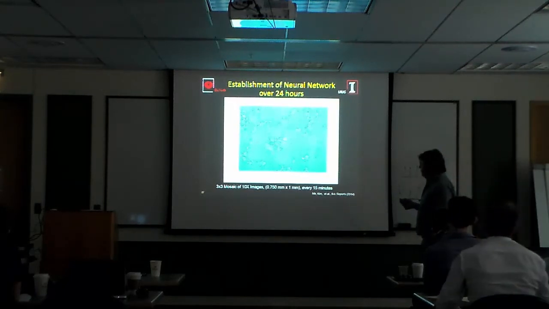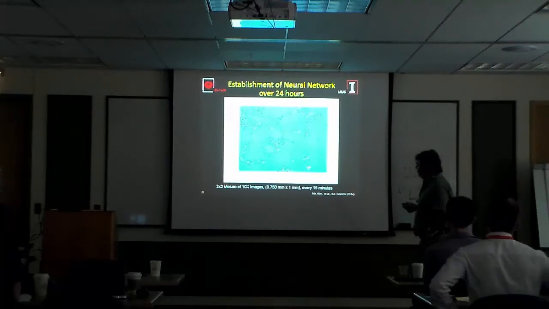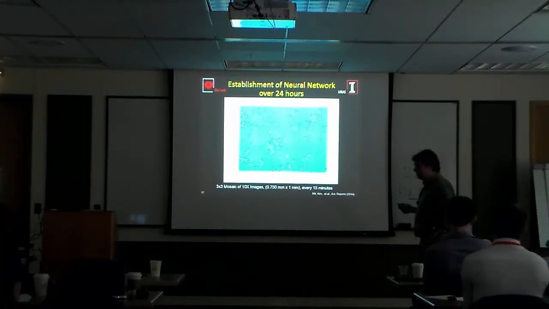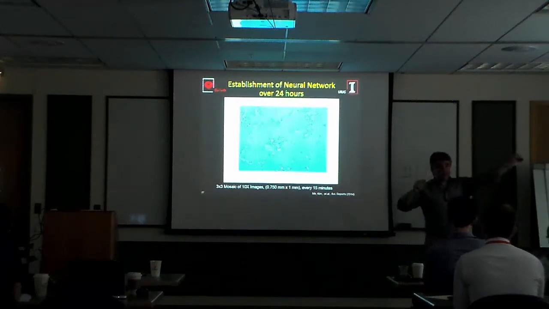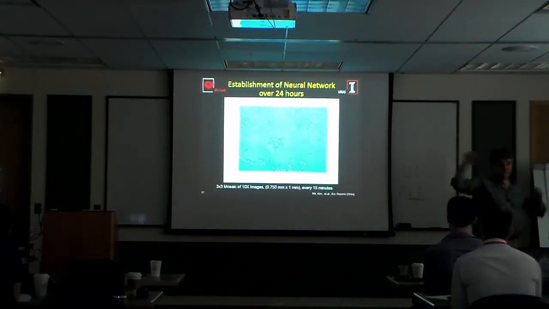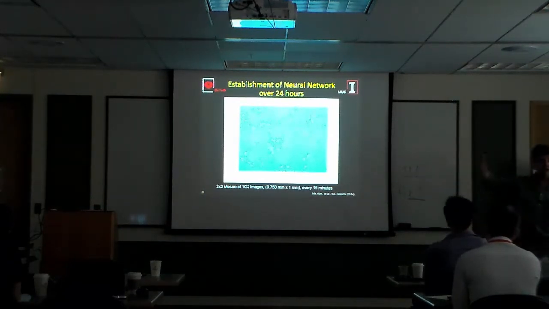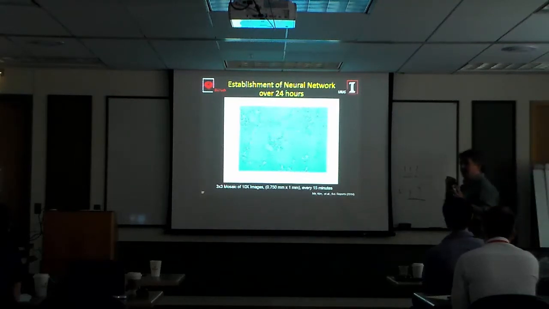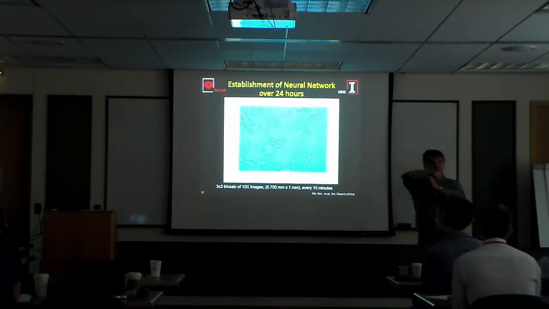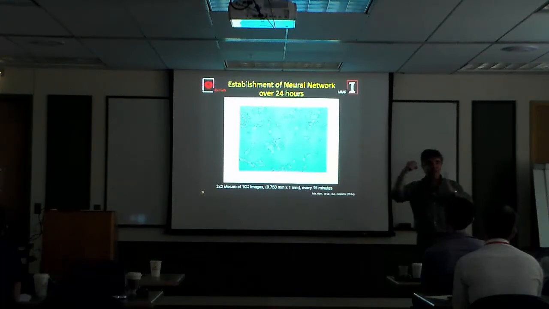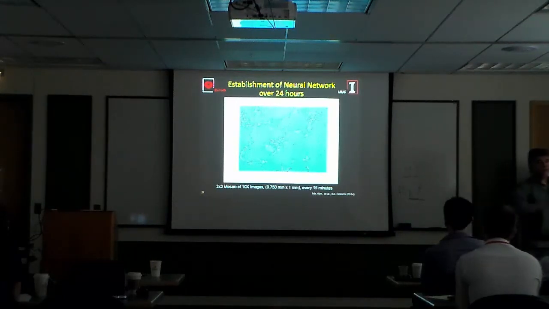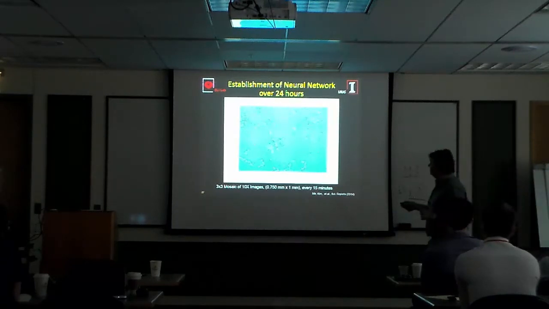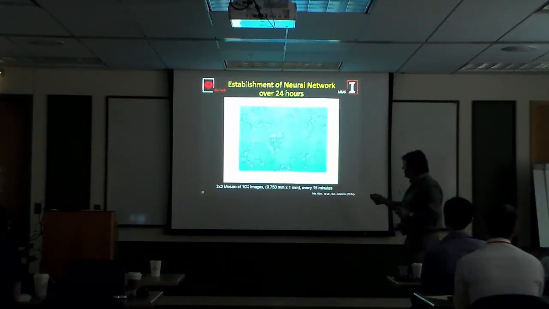So as usual, first we start by staring at our movies. And if you stare at this as long as we did, you notice something. These cells are extending these actin filament bundles, and at some point they make a connection. It's a kind of random search, but then they snap into place, and they leave that alone and move their attention to other parts of the cell, and so on.